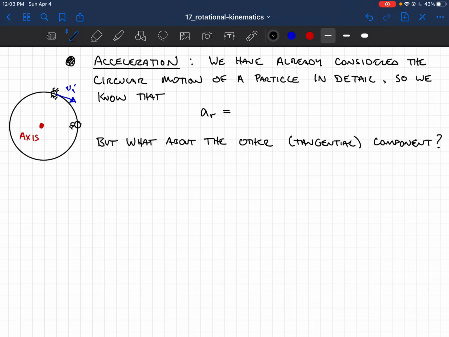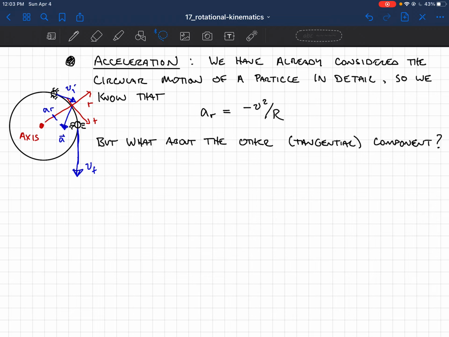But regardless of whether the motion has constant speed or not, say the bug is speeding up, we know that the acceleration will have a component in the radial direction, which is a sub r, and a sub r is always equal to minus v squared over r.